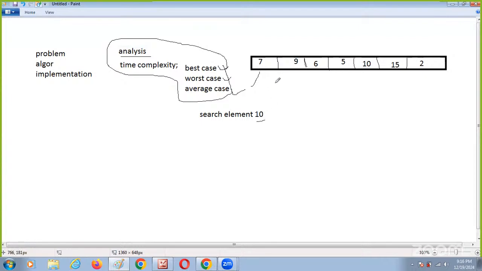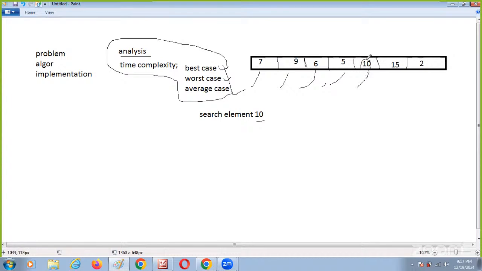No. Again I will go to the next position: is 10 equal to 9? No. Next one: is 10 equal to 6? No. Again I will go to 5: is 5 equal to 10? No. Now I will go to 10 and check. Yes. The key element I am searching for is equal to 10. So that means the element is found.